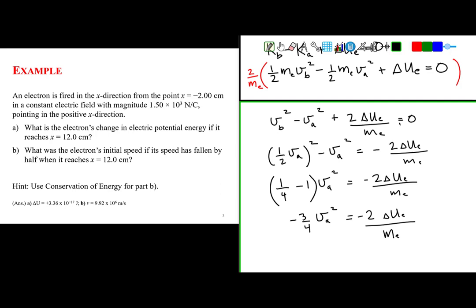Now if I multiply through by -1, those minuses turn to positives. And now I can write that the final speed is equal to 8 times the change of potential energy over 3 times the mass of the electron, underneath the square root.